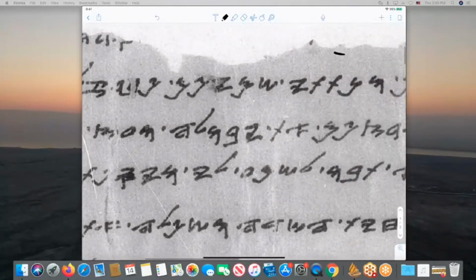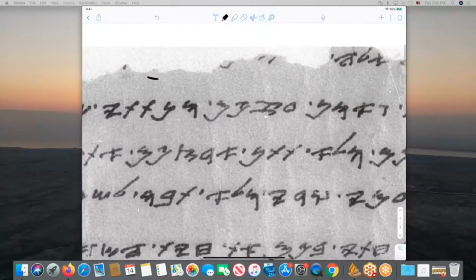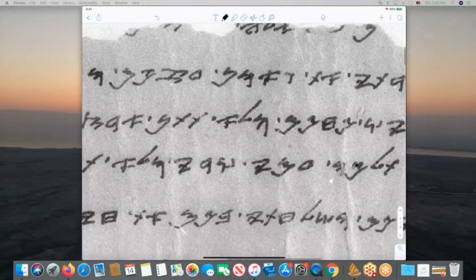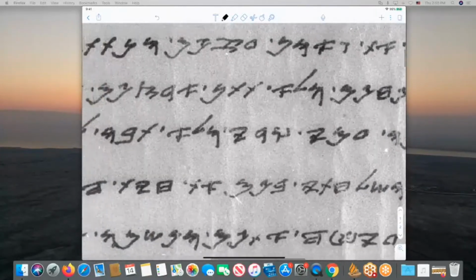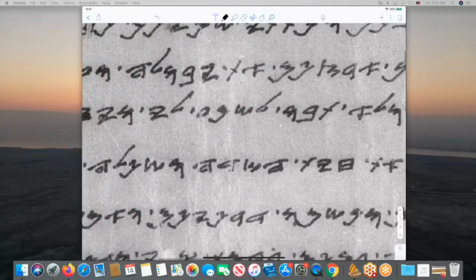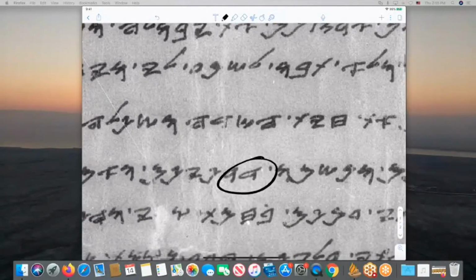Well, now I'm not seeing one here. None are sticking out to me. Oh, here's one right here. There's a Dalet. So the Dalet is much longer. See that?